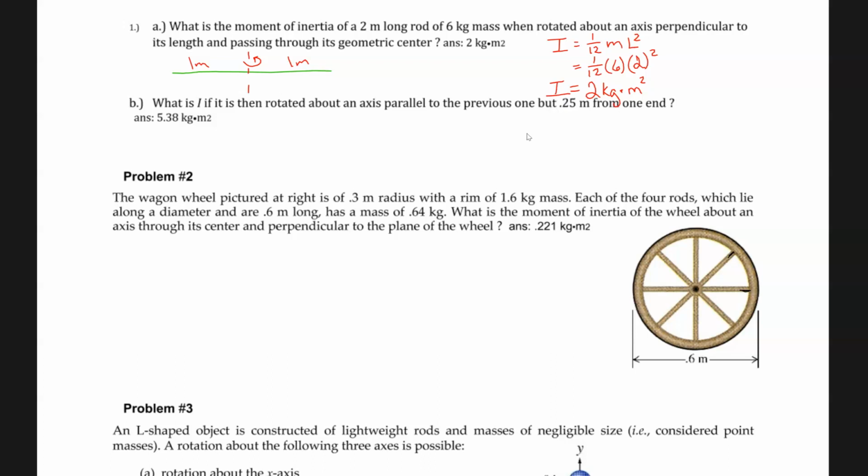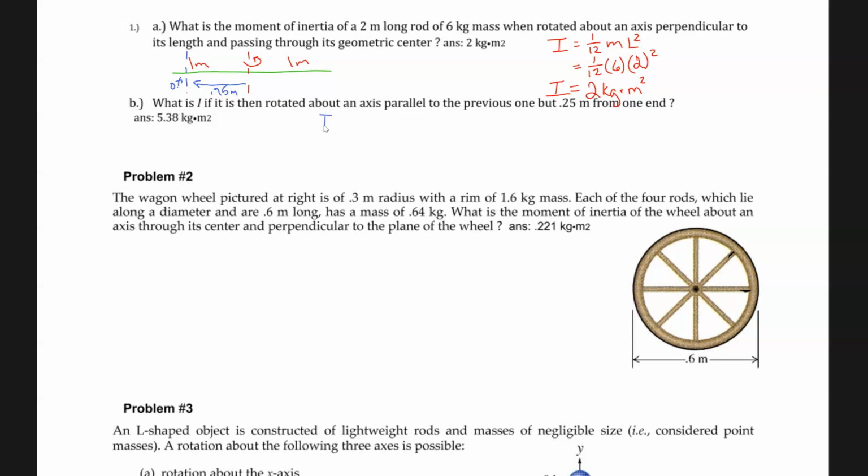So what about if instead it's rotated about an axis parallel, but that axis is 0.25 meters from an end. So I now shifted over here. This distance is 0.25. So that means I have moved 0.75 meters.